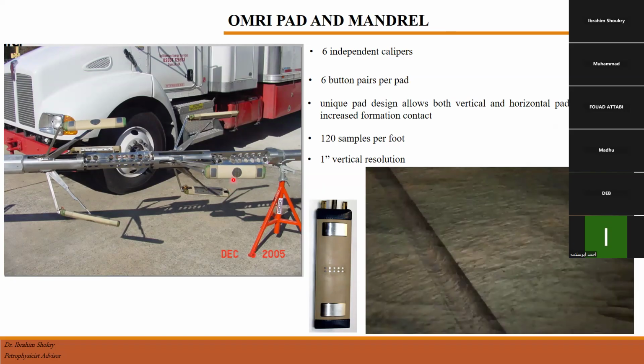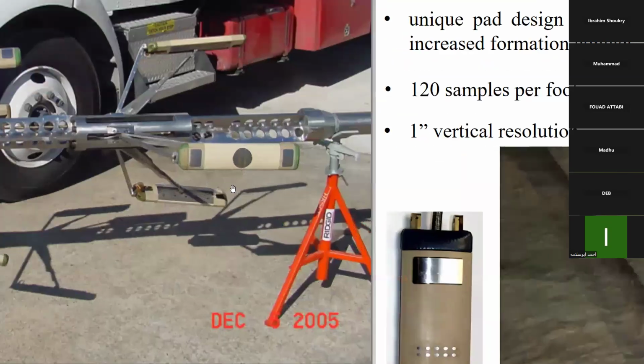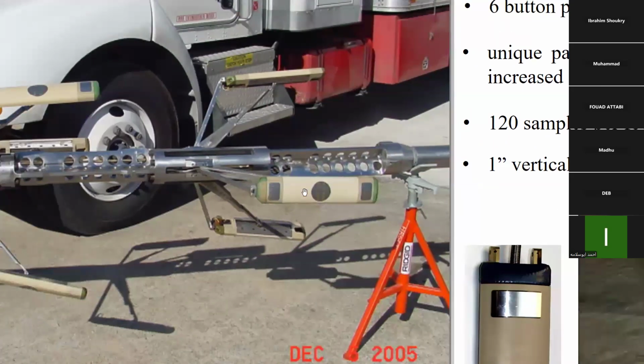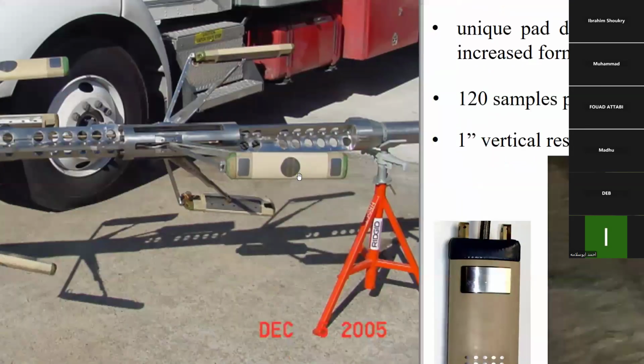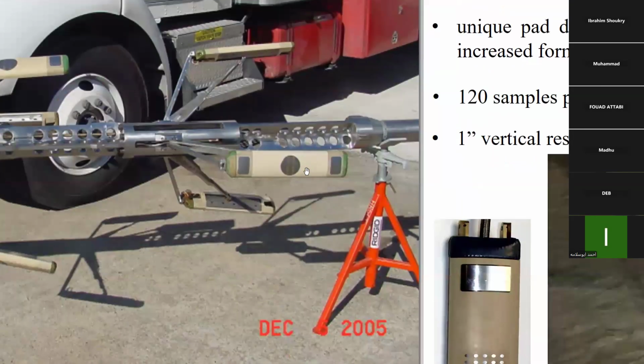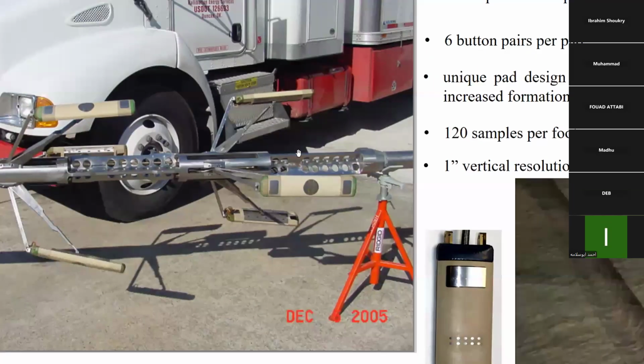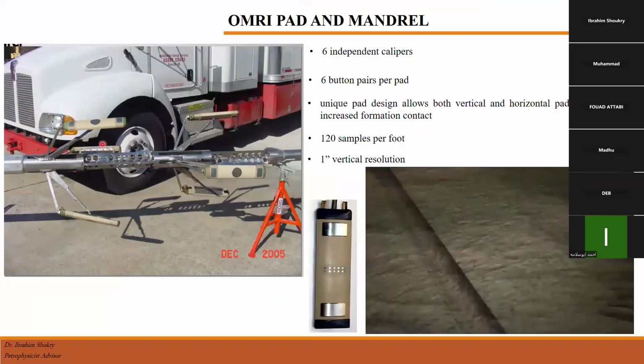Each pad has 12 electrodes, which is 6 pairs, so we get 6 resistivity curves per pad. Multiplying 6 resistivity curves by 6 arms, we have 36 resistivity curves in case of oil-based mud.